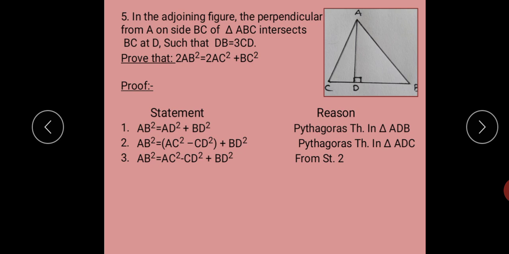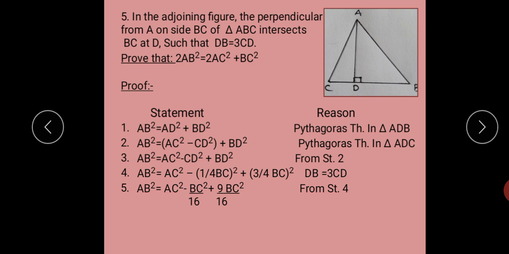There are 3 parts, 3/4 of BC. Let's see the next statement. AB square is equal to AC square minus 1/4 BC square, because it is 1/4. In place of BD, it is 3/4 BC square. The reason is obvious, it is given that DB is 3 times CD.